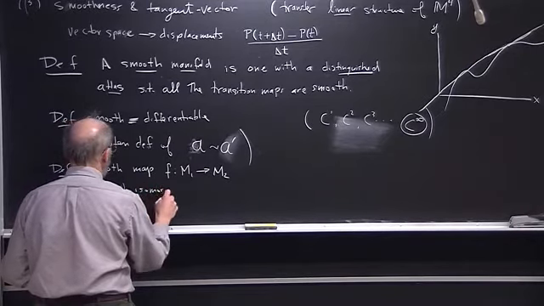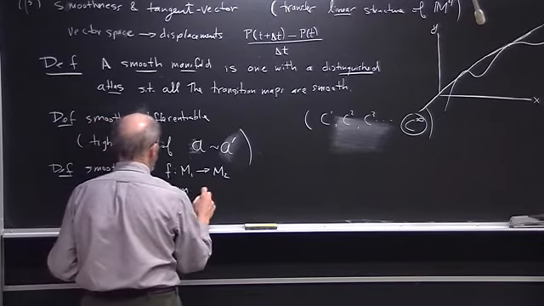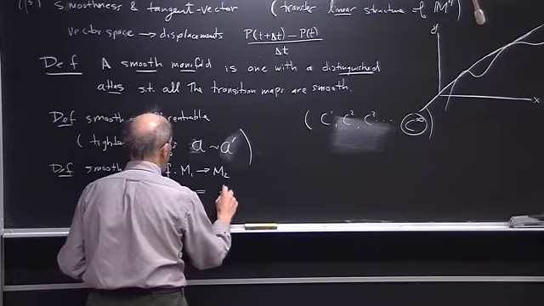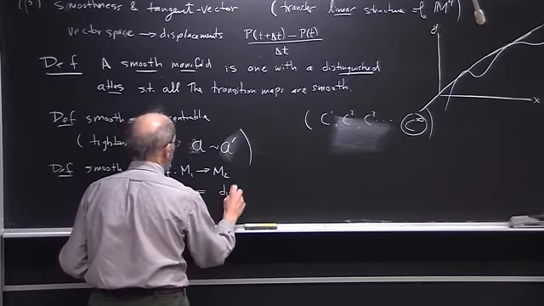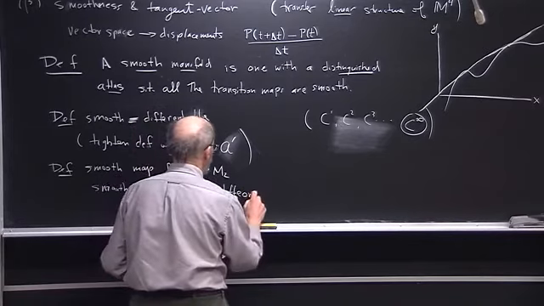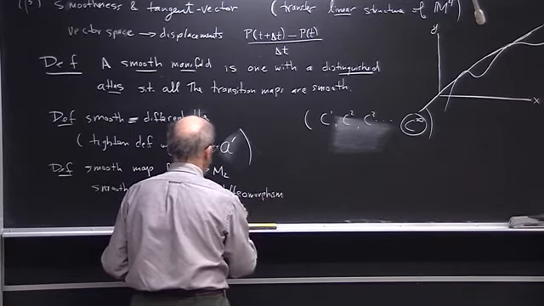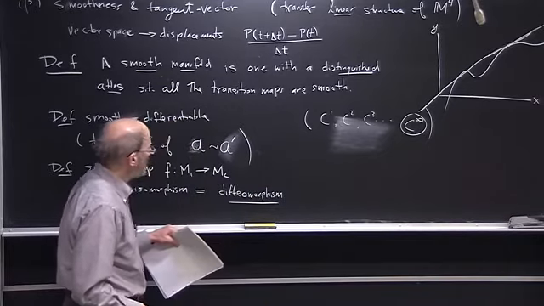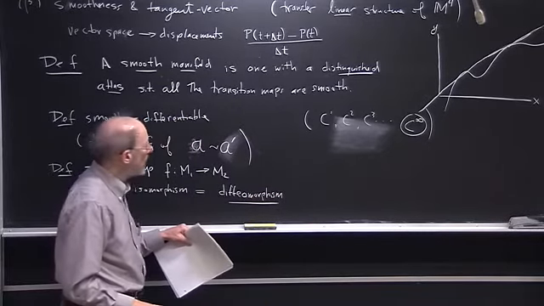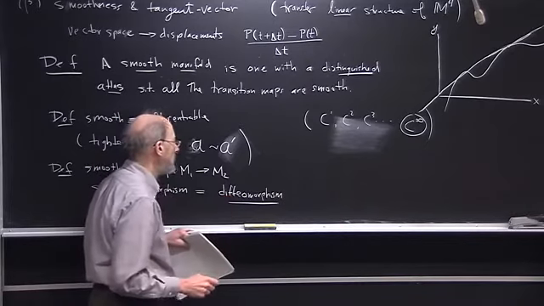So a smooth isomorphism is called, instead of a homeomorphism, I don't know where that name came from, but this is an obvious name. In analogy to homeomorphism, you say diffeomorphism.